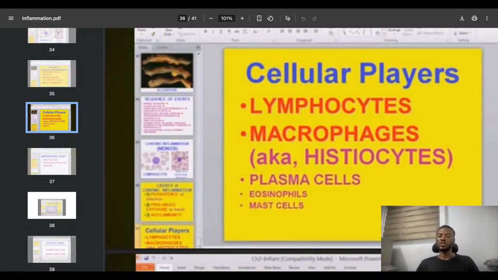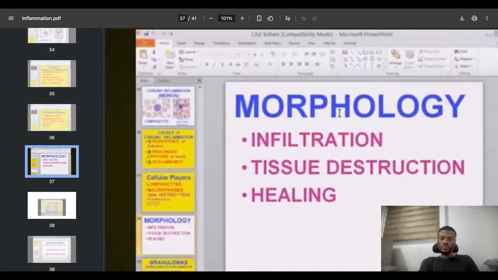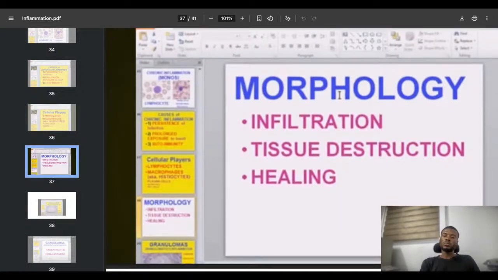Histology, histio, tissue. We also have plasma cells, eosinophils, mast cells that play their roles in chronic inflammation. So the morphology, we can have infiltration, we can have tissue destruction, and we can have healing.